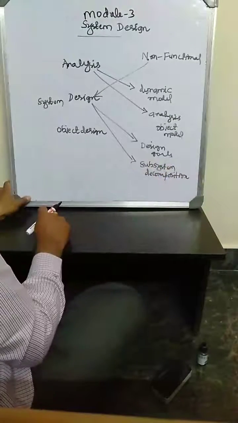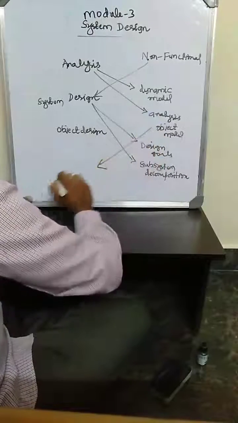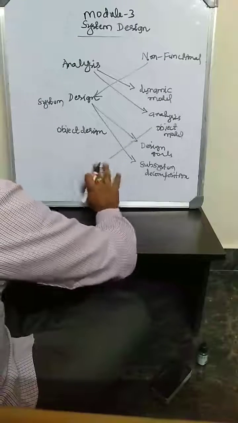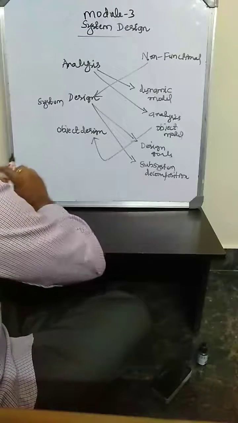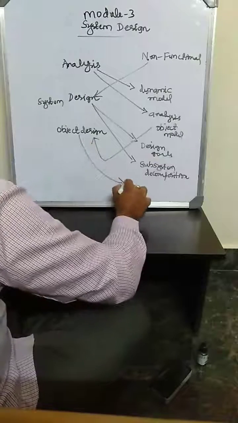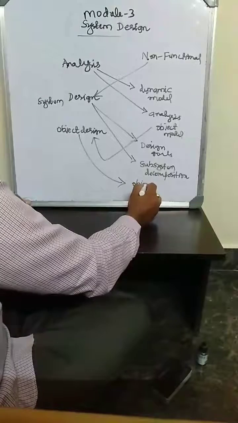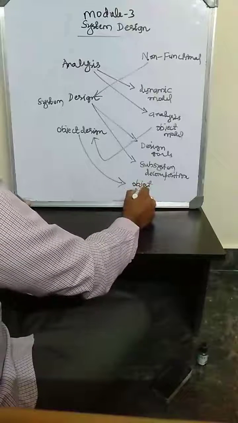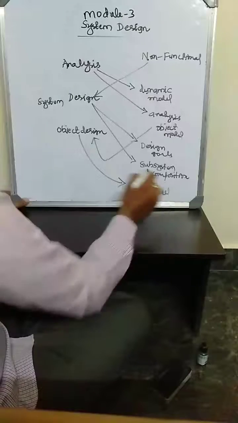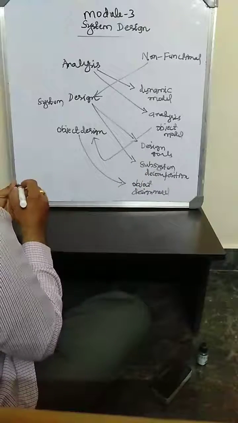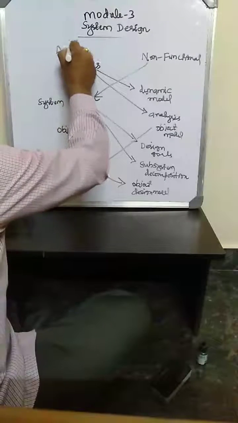Next, the analysis object model may result in object design. And object design may result in the object design model. So this we may say it as the activities of system design.